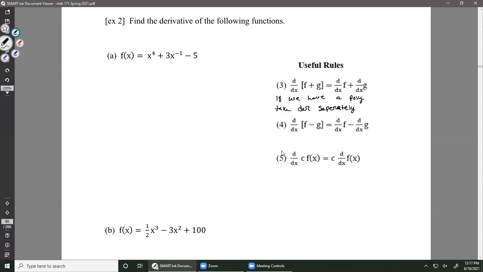Number 4 is saying the same thing is true with minuses. If I have a derivative of functions that are being subtracted, all you do is take the derivative of each piece individually.